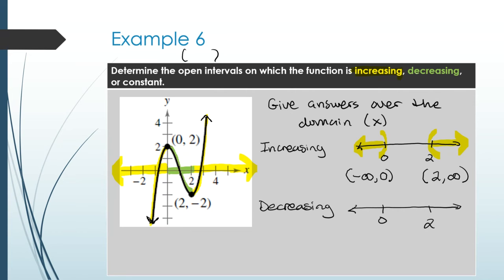But our graph is going down in between 0 and 2, so it's going down as you move from left to right. We want open intervals, which means parentheses. So we are decreasing from 0 to 2, and we have parentheses. It looks like an ordered pair, but by context of the question, you know that's an interval.